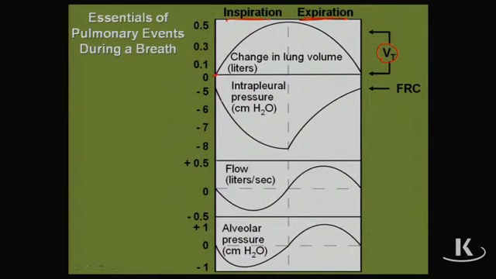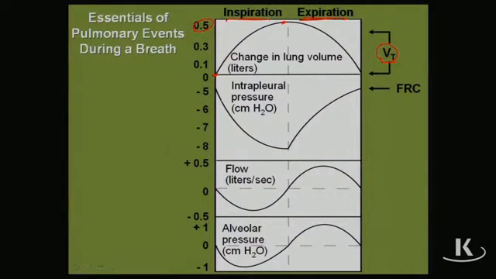Inspiration, we are starting with 0 and going to 0.5 liters, 500. This is the volume of air that is coming into the lung during inspiration. We said that normal inspiratory volume is 500 mils. Now, why is the air coming in during inspiration?